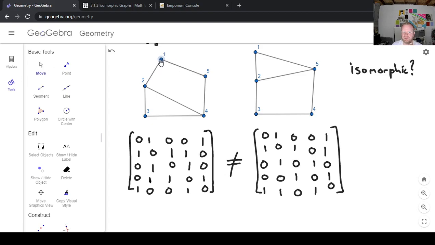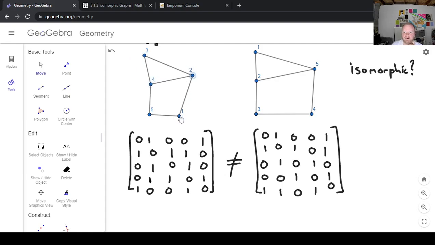So I'm just going to do some experimenting with this here. That's starting to look a little better. Oh, not quite. How about something like that? There we go.